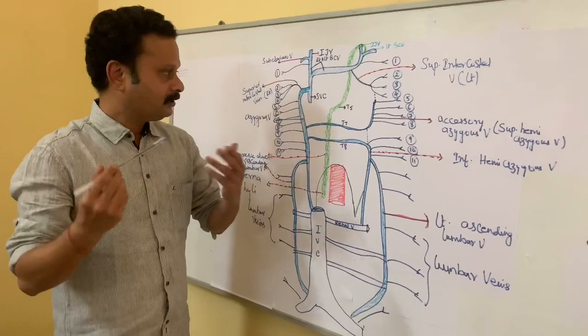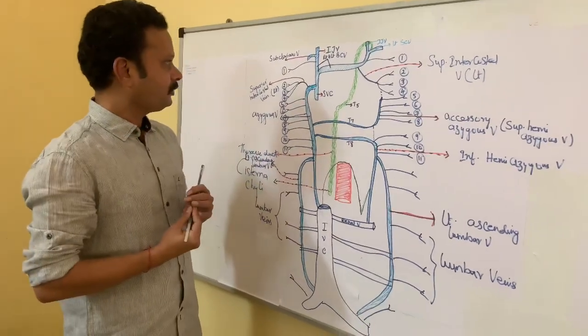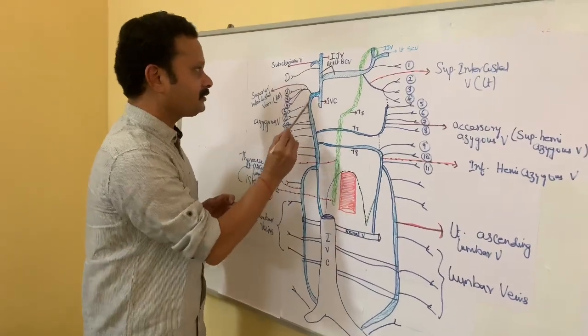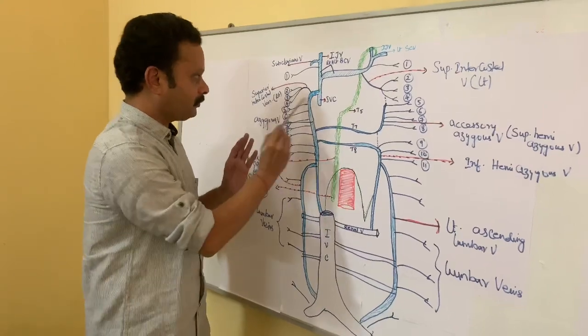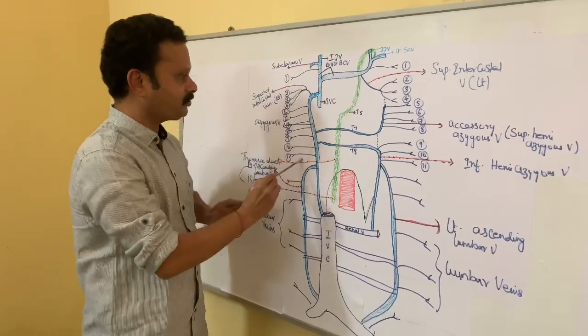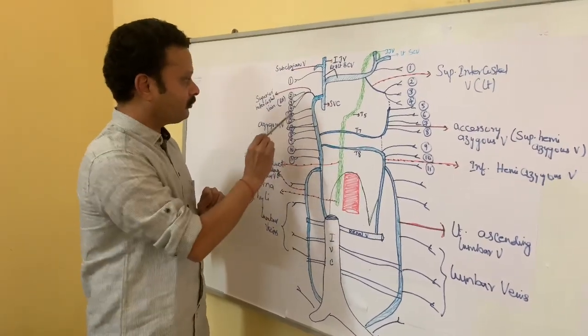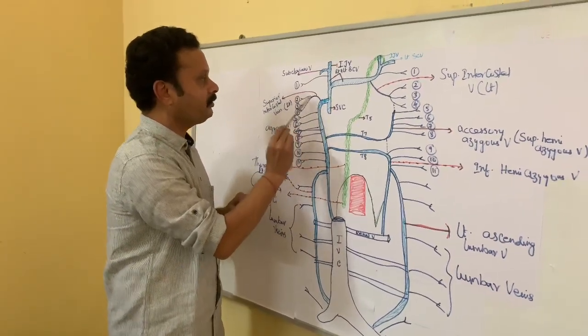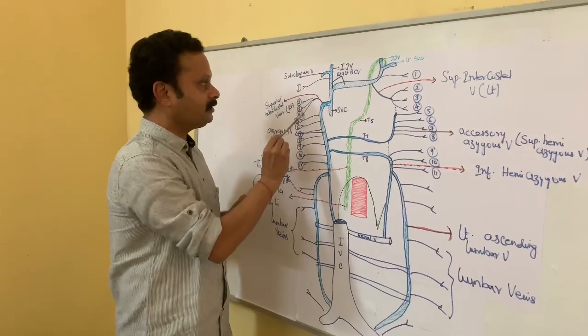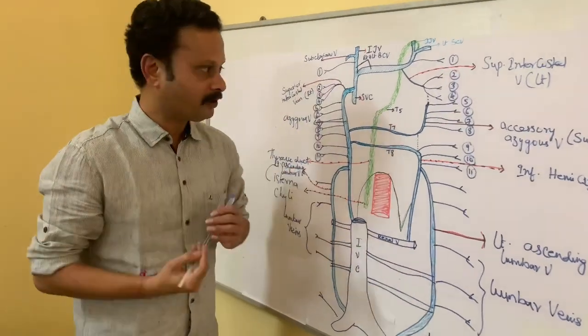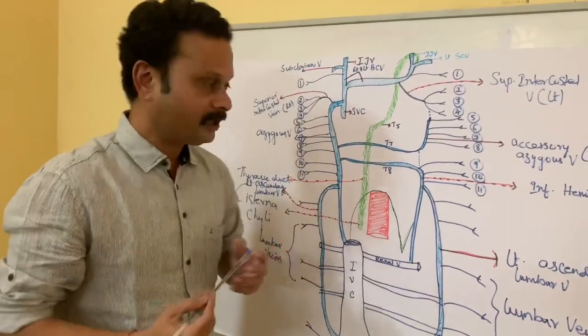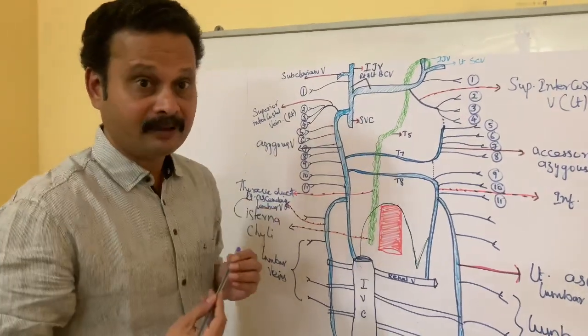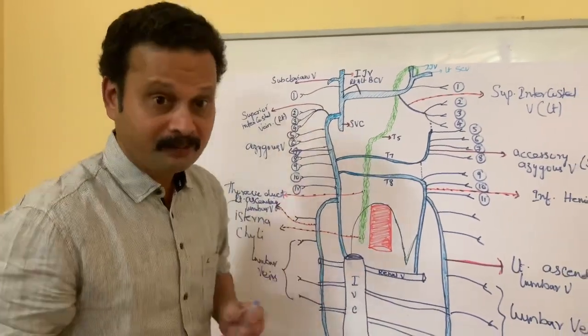Then the right-sided posterior intercostal veins from 5th to 11th, and the right superior intercostal vein, which is formed by the 2nd, 3rd and 4th, form its third tributary. Fourth tributary, I can say, is the right bronchial vein.